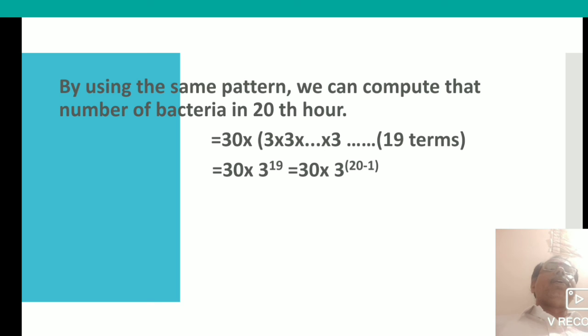So simply observe the power of that common or fixed number. Here for the 20th hour, we are writing 30 into 3 to the power of 20 minus 1. So just like that, you can take it as the 20th term.